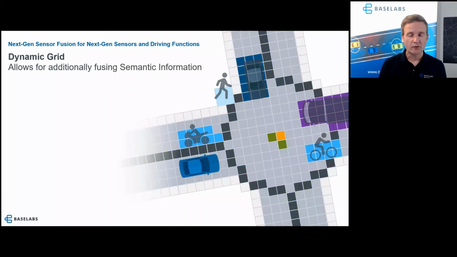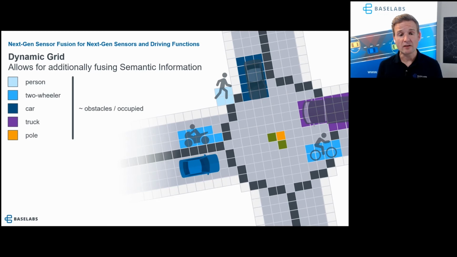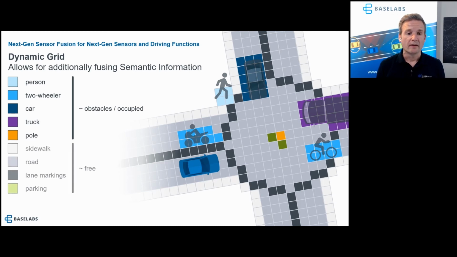In addition to the object dynamics, the dynamic grid can also process additional information, especially semantic information or semantics, like the object class of dynamic objects, whether it's a person, a car, or a truck. But it can also process information about free space to further classify that free space. And all this information further improves the robustness of the dynamic grid approach.